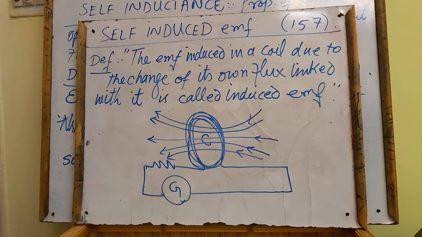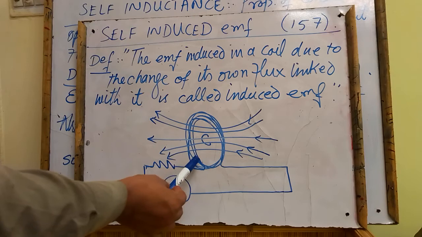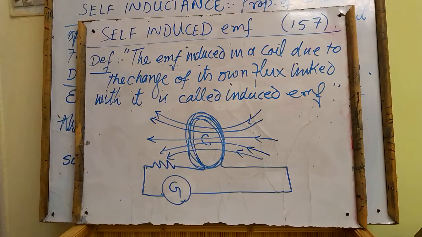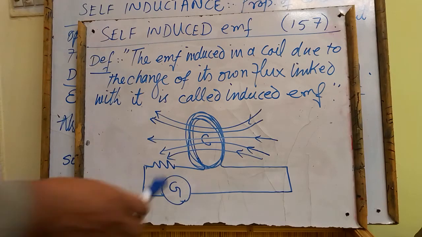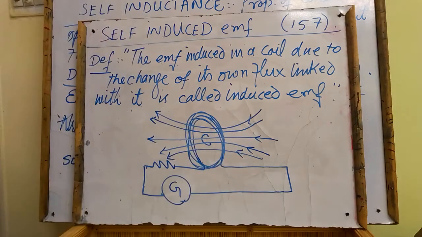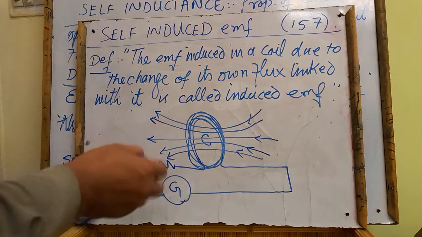The direction of this EMF, by Lenz's law, is such that it opposes the cause of the generation of the magnetic field. The self-induced EMF will persist so long as the current in the coil is changing.